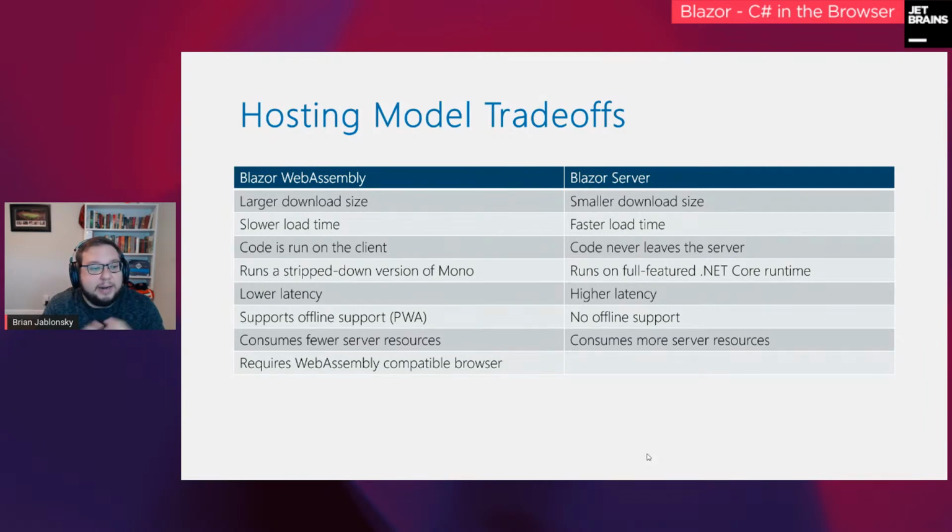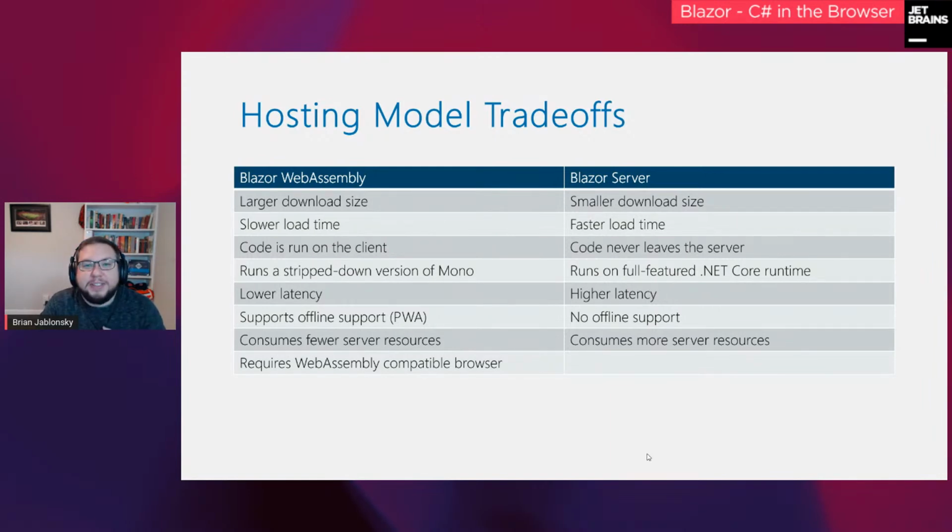The one thing is that Blazor WebAssembly also runs a stripped down version of Mono, so it doesn't support everything you might need. Let's say you're trying to create a Word document. You're not going to be able to call out and do all that.